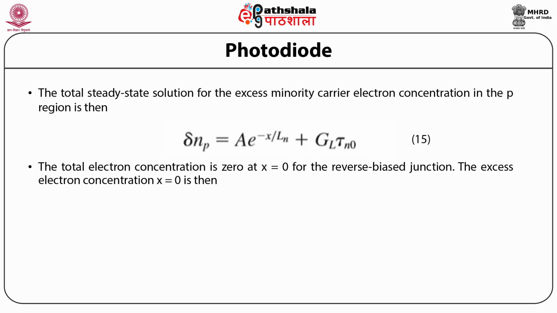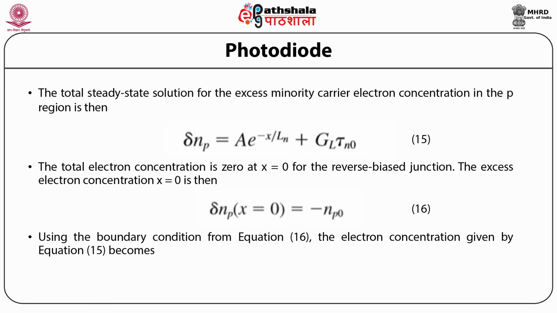So the excess electron concentration at x equal to 0 is δnp at x equal to 0 equal to −np0. Using this boundary condition from equation 16, the electron concentration given by equation 15 becomes δnp equal to GL τn0 minus (GL τn0 plus np0), the whole multiplied by e to the power −x/Ln.